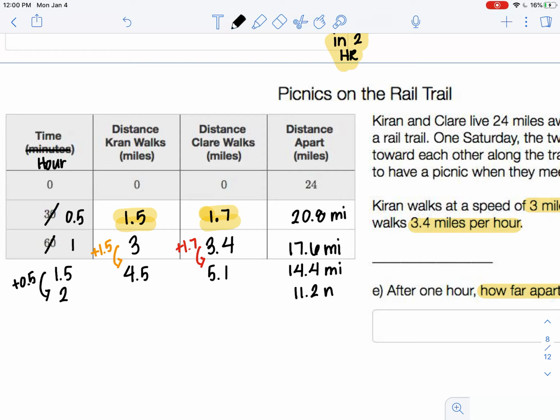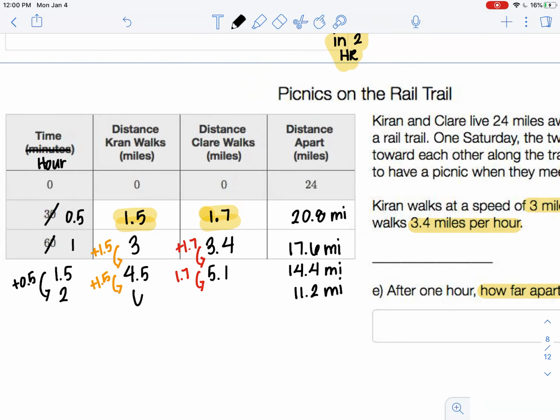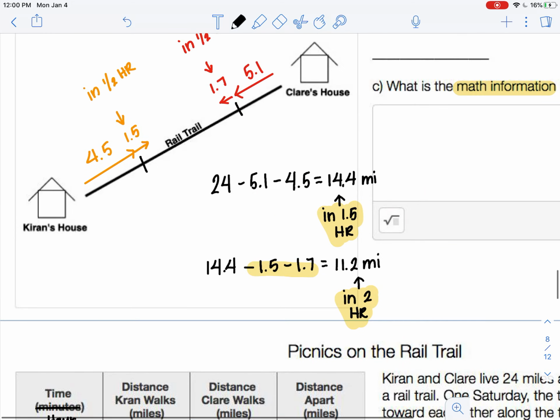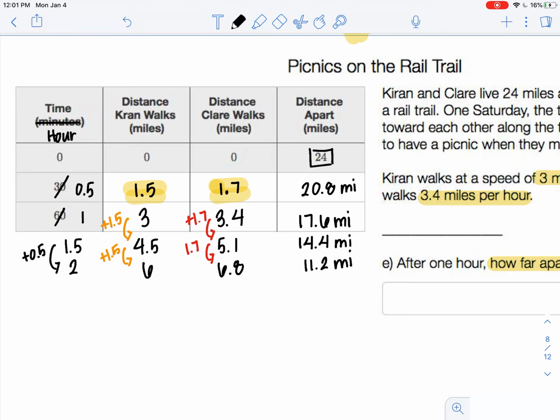Now, if we did it the way we were working before, and I just added 1.5, and I added 1.7, and I subtracted those numbers, 6 miles and 6.8 miles from 24, which is of course where they started, that would also work. But this strategy simply allows us to work down the table without calculating these middle rows. And you'll notice that on Desmos, you don't have the middle rows as you get to the higher amounts of time.